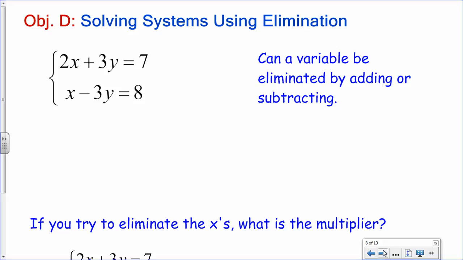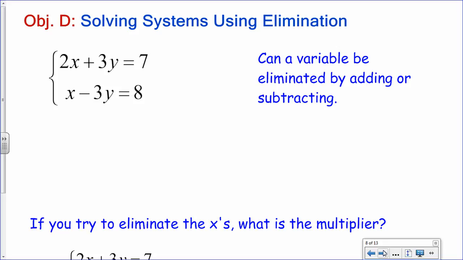So when we eliminate a number, we can eliminate by subtracting the same number or adding the opposite. So adding 5 and negative 5, that gives you 0. Subtracting 5 minus 5, that gives you 0.